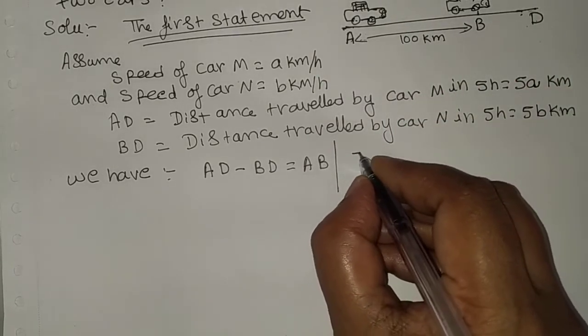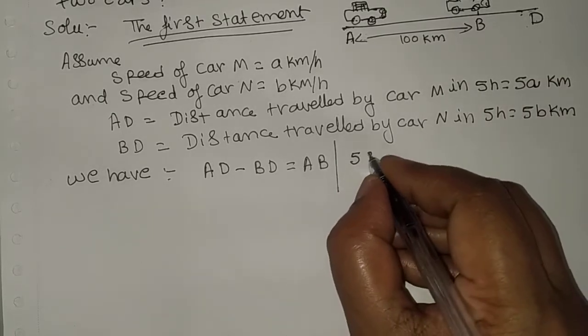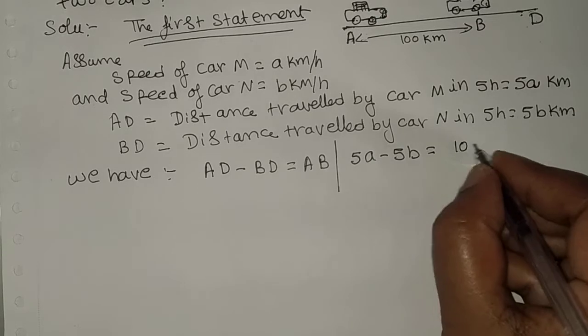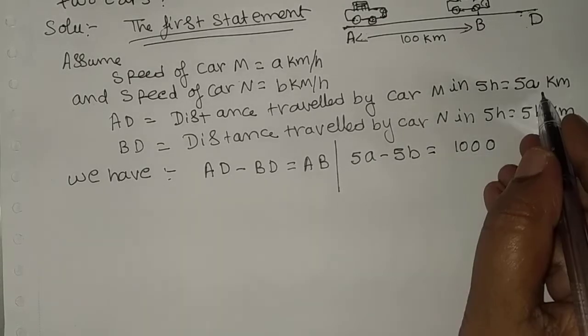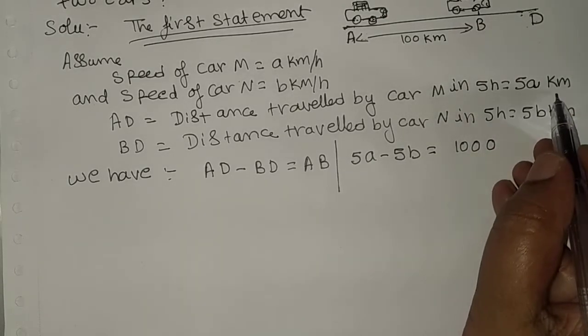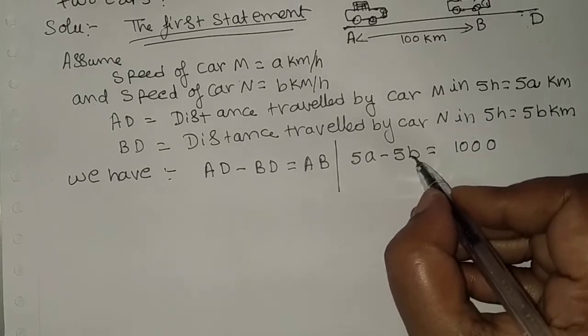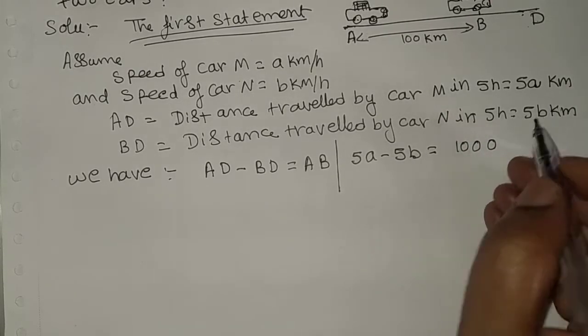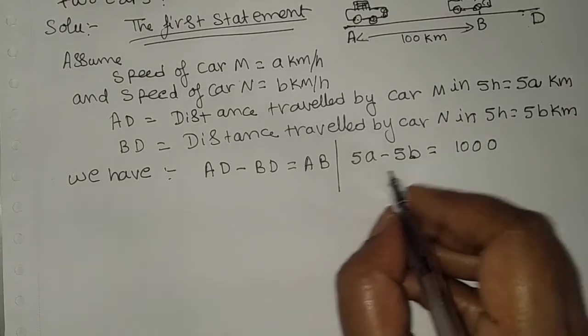So we substitute what we have got: 5a minus 5b is equal to 100. We got the distance traveled by car M as 5a in 5 hours, and by car N as 5b in 5 hours.